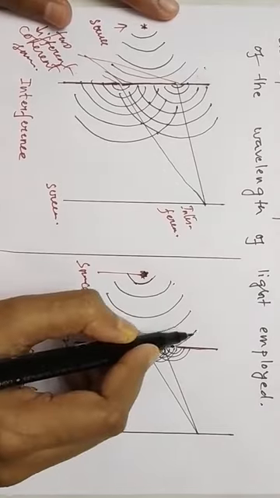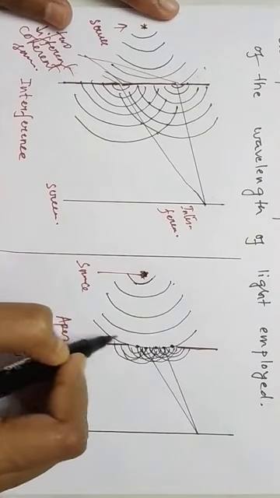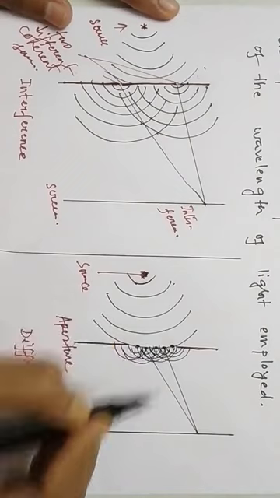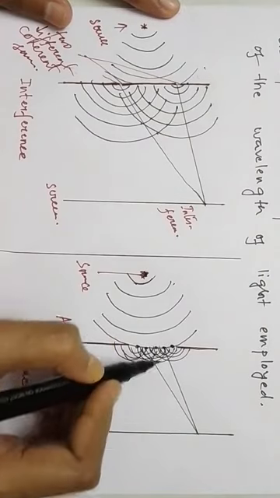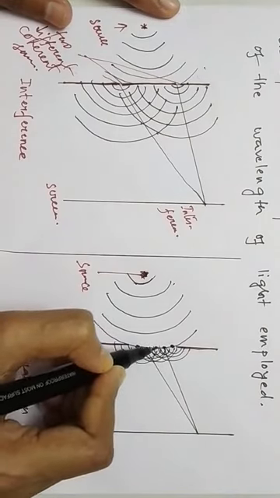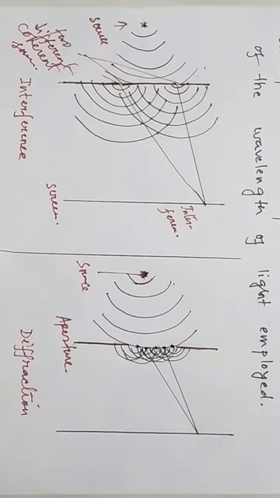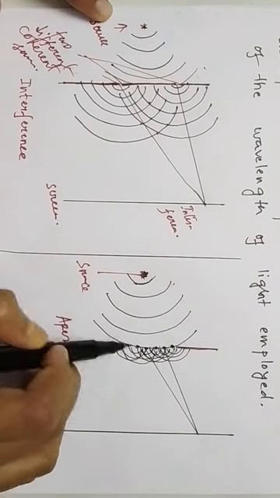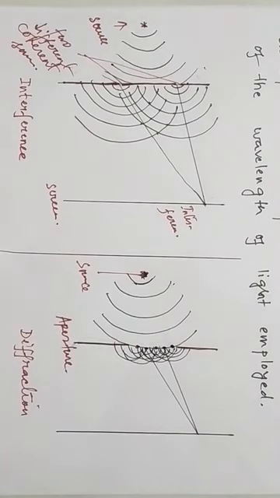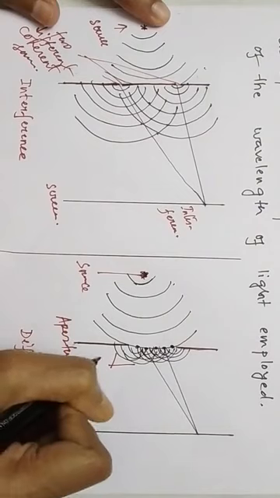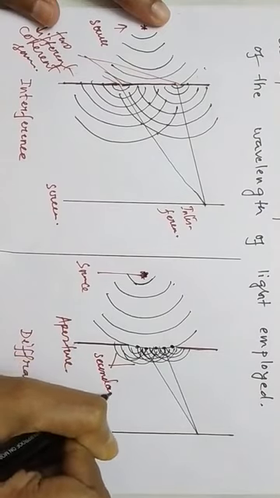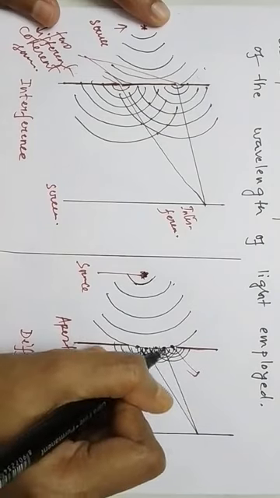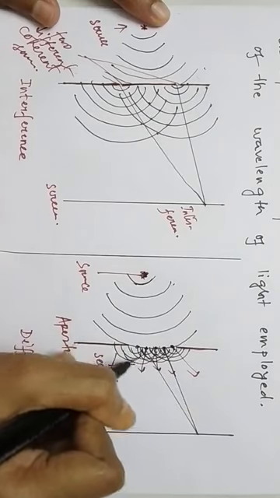When this wavefront reaches the aperture, according to Huygens principle, each point on the wavefront acts like a secondary source. All these secondary sources on the open portion of the wavefront generate secondary wavelets, which travel in every direction.